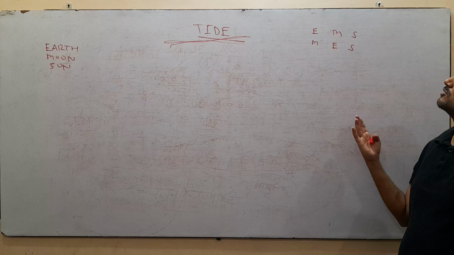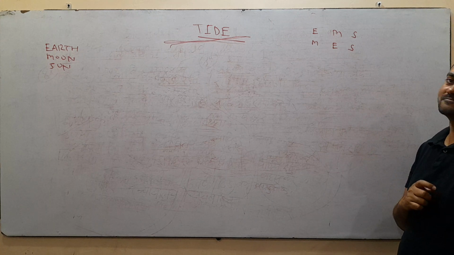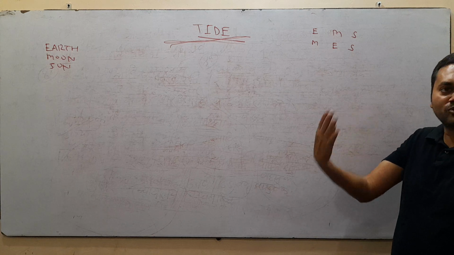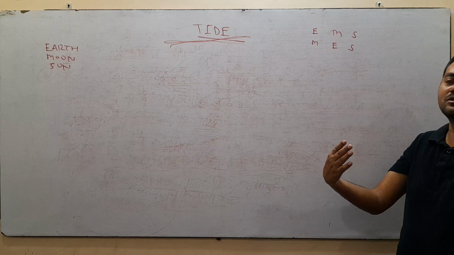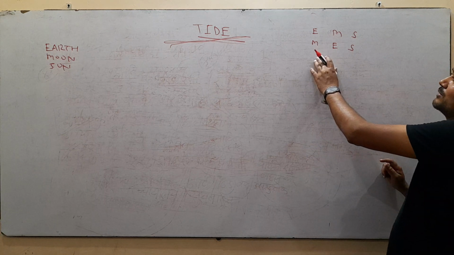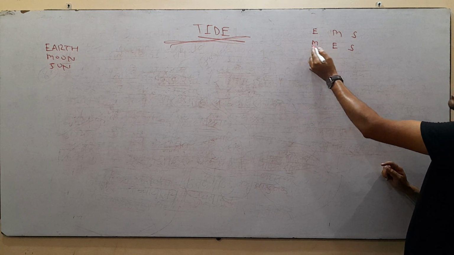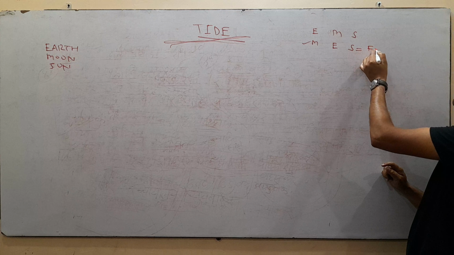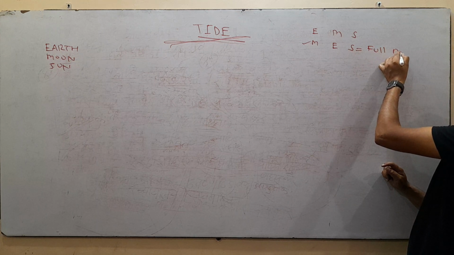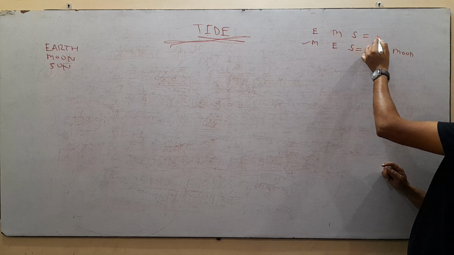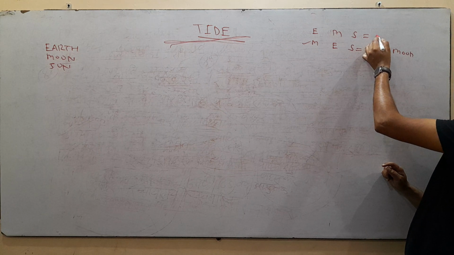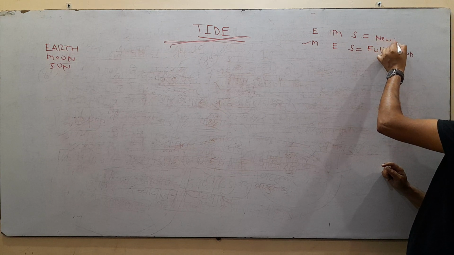And full moon means Purnima. So when the Purnima will occur, this situation will be Purnima, this one, and this will be called full moon, and this will be called Amavasya, yes, new moon.